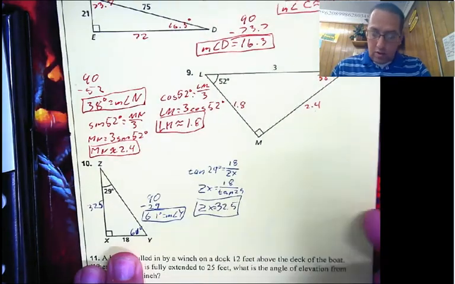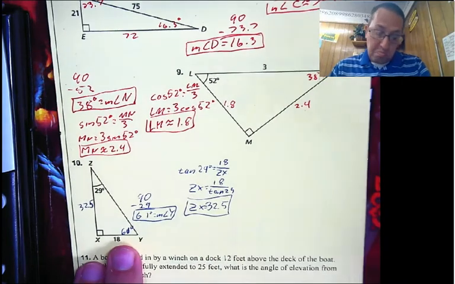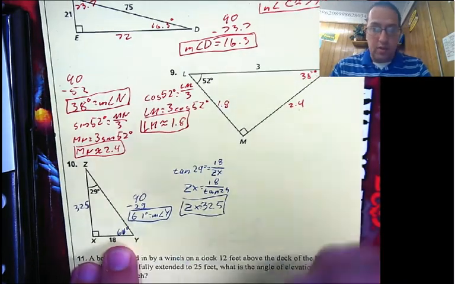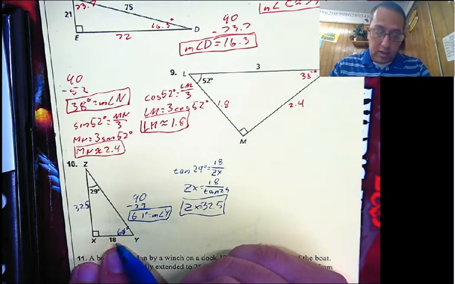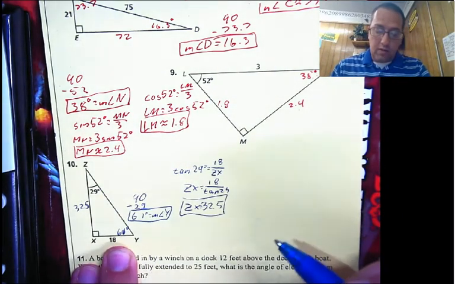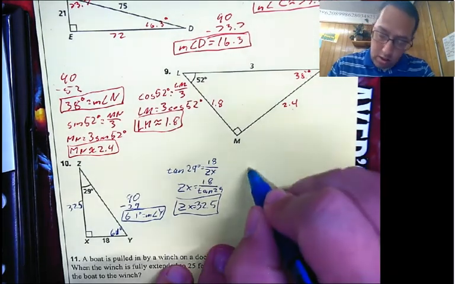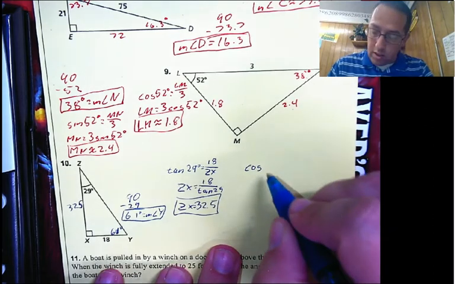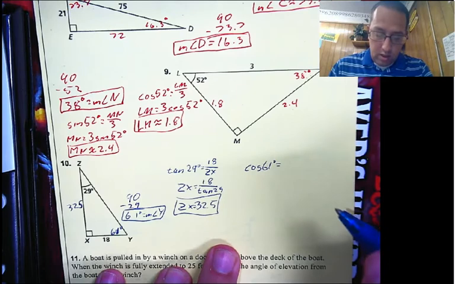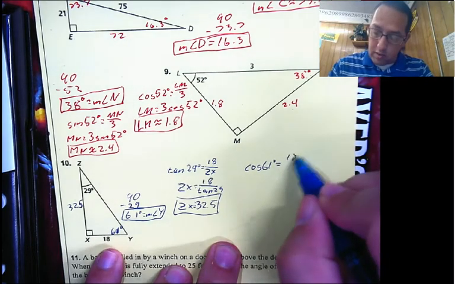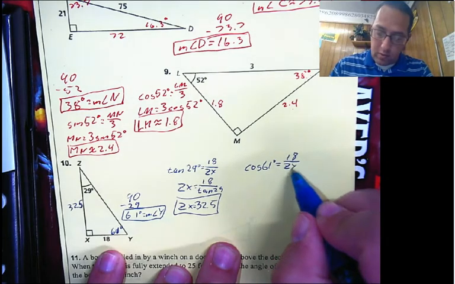Now I'm still going to use the 29 because it's the one that was given to me. I could use the 61. Yeah, you know what? Let's use the 61 because why not? It's an exact number. It's not rounded off, so we can use it. So 18 is adjacent, and we're looking for ZY, which is the hypotenuse. So adjacent and hypotenuse would be cosine. So cosine of 61 degrees is equal to adjacent of 18 divided by the hypotenuse of ZY.